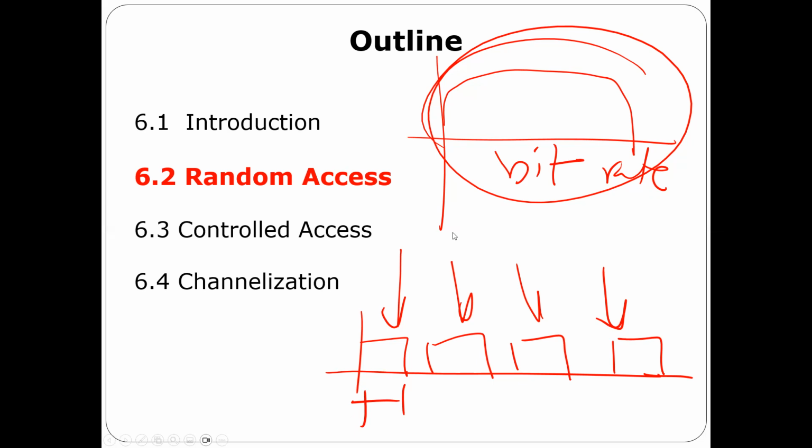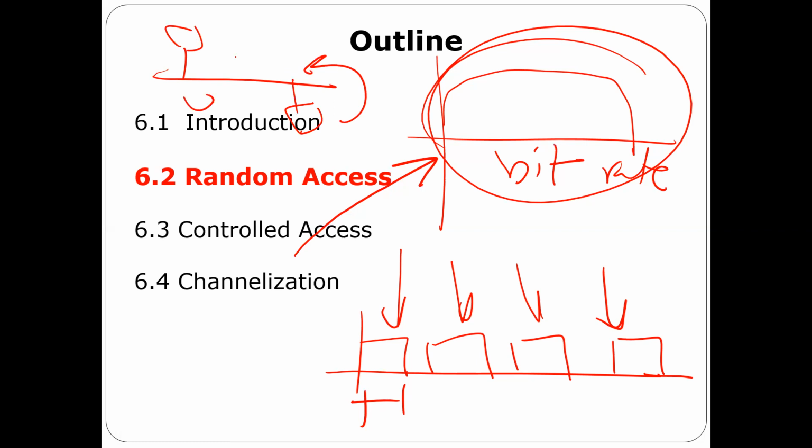Any questions? The problem is that if I allow only one computer to transmit at a certain time, using the whole bandwidth of the cable, and two computers transmit at the same time using the same frequency, that's what we call a collision.